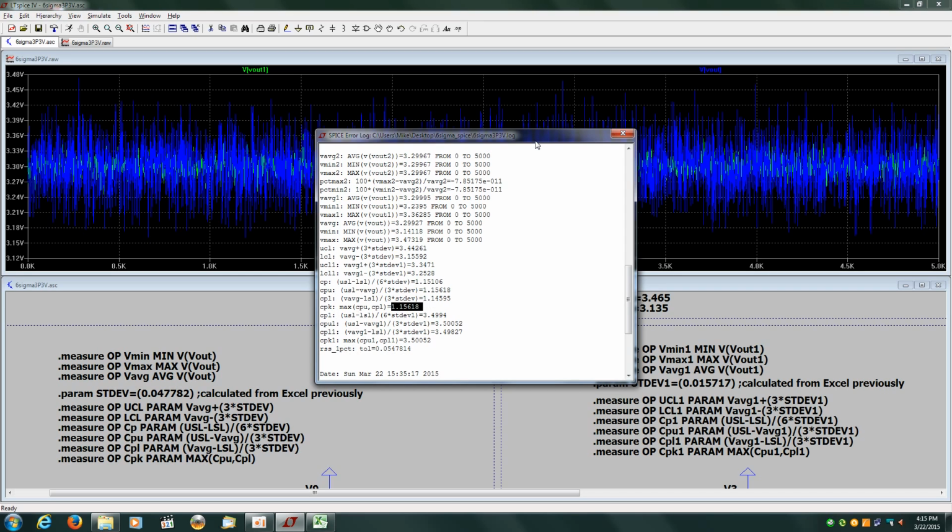So if that's a hard, fast requirement for you, that kind of forces you to use 0.1% resistors.